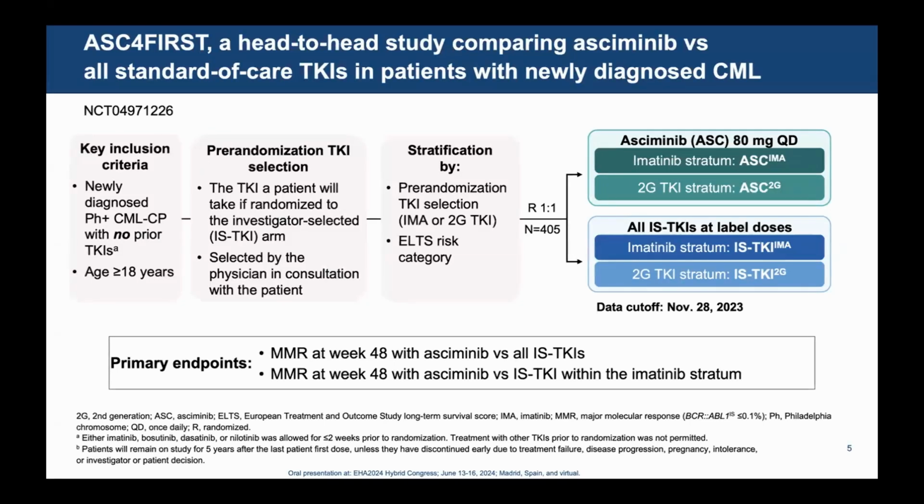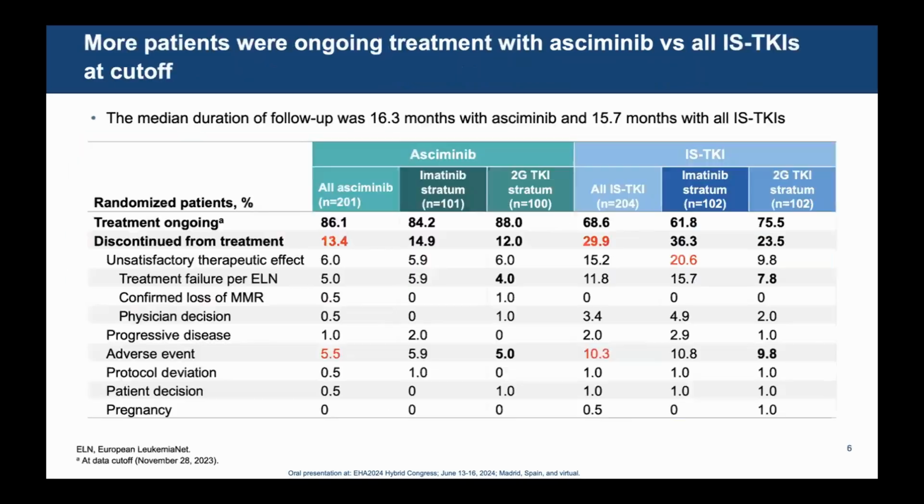And the other stratification criterion is the ELTS risk category. Therefore, we compared Imatinib as a first-generation TKI versus Asciminib, and in the other stratum, second-generation drugs versus Asciminib, with the endpoint MMR at week 48 for Asciminib versus all the standard TKIs, and Asciminib versus the Imatinib treatment.